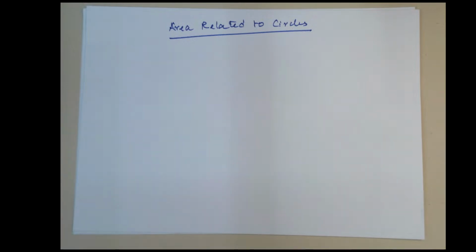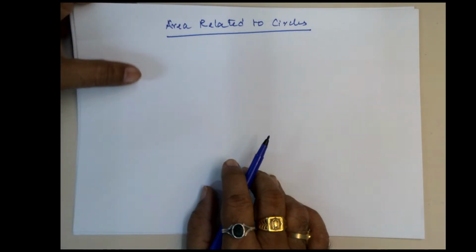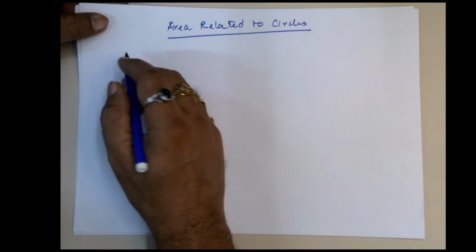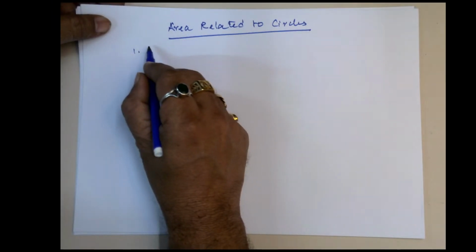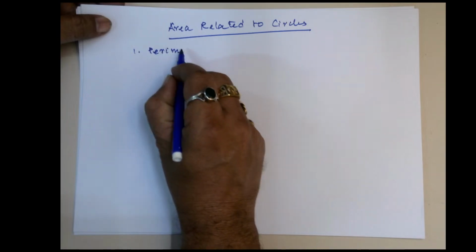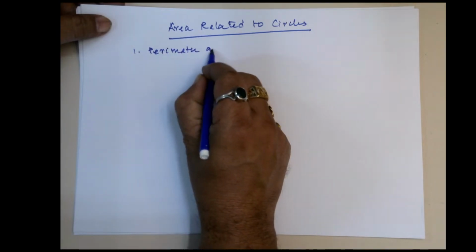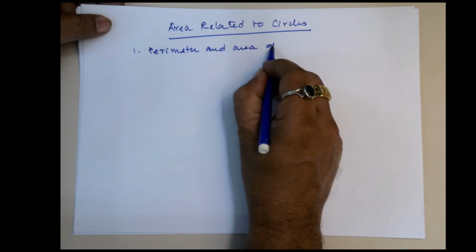Actually, when we look at the topic tree of this very good lesson, area related to circles, we have three important subtopics. One is perimeter and area of a circle, that we have already discussed.